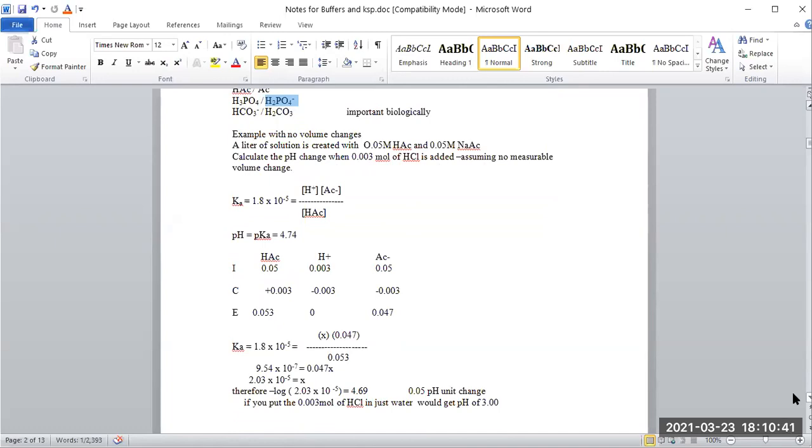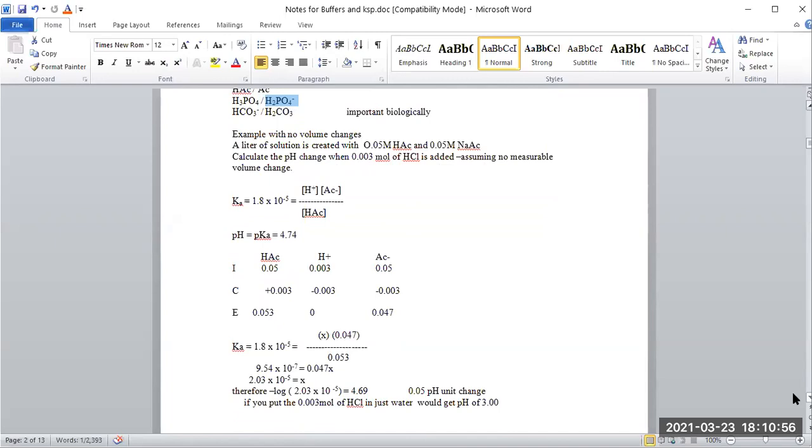We're harping on acetic acid. 1.8 times 10 to the negative 5th is your Ka value. And I put my two ionized versions on the top, H plus and AC minus, put my unionized version on the bottom.